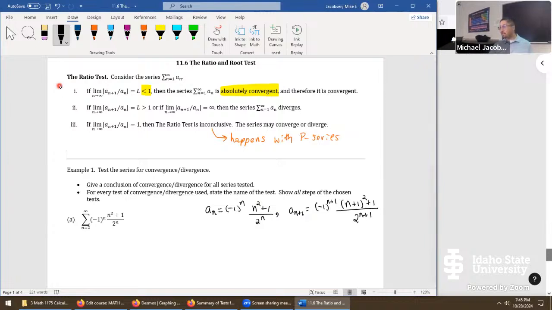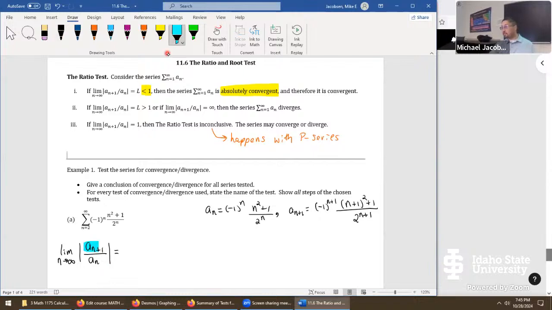The ratio test says take the limit as n goes to infinity of the absolute value of the successive terms in this ratio, a_(n+1) divided by a_n. It's always specific in this direction. The next term is always in the numerator. The prior term is in the denominator.